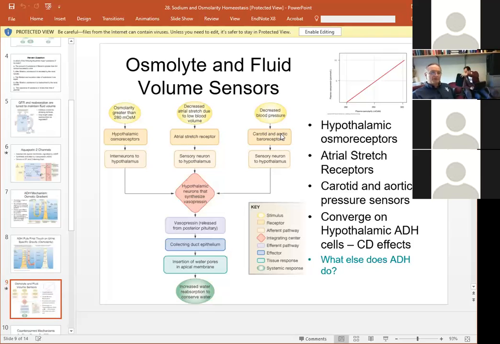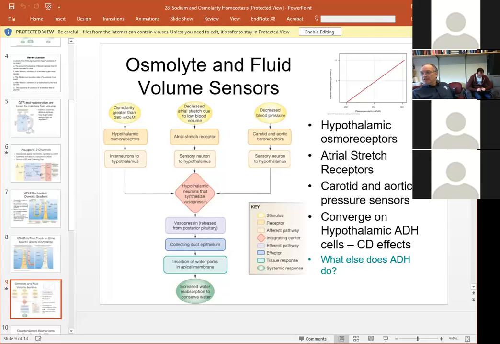Anyway, those stretch receptors stimulate this, and these osmoreceptors stimulate this. There are two types of stretch receptors and an osmoreceptor. These stretch receptors we call baroreceptors because they detect the stretch due to pressure. These we call stretch receptors that detect the stretch associated with blood volume.